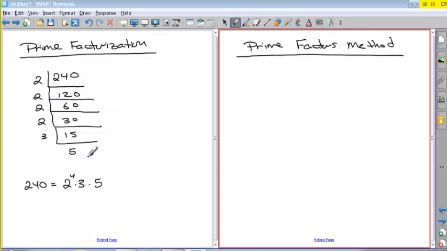So we basically do the prime factorization of each one separately. So this is greatest common factor. So let's pick 64 and 80. So we do these separately, prime factors method separately.